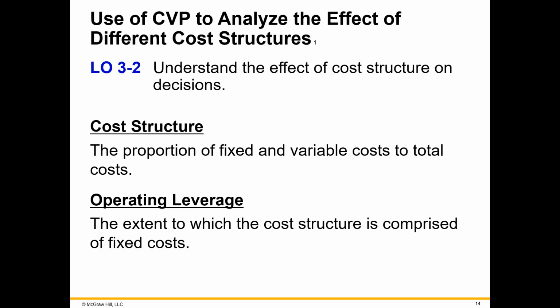So what about operating leverage? Operating leverage is also a similar concept. But instead of loans versus your own money, it's fixed costs versus variable costs. A company with high operating leverage means that most of their costs are fixed.